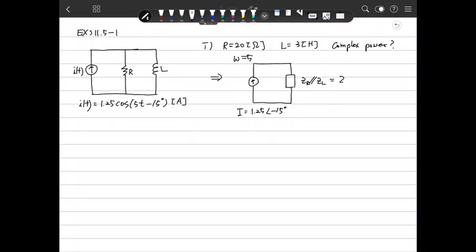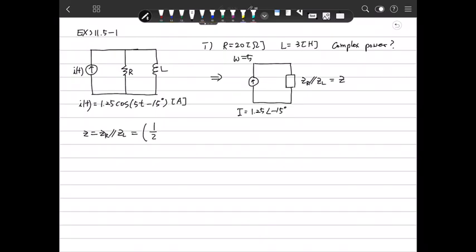So first I will make an impedance Z, which is the parallel of ZR and ZL.